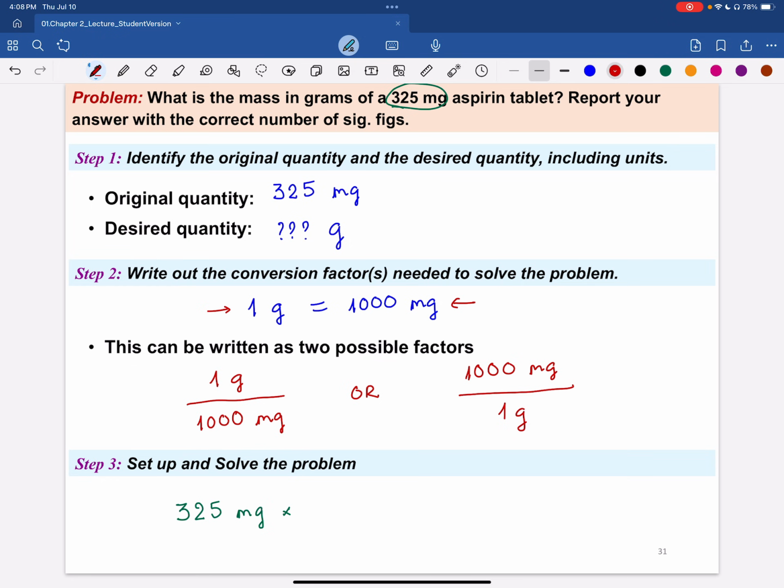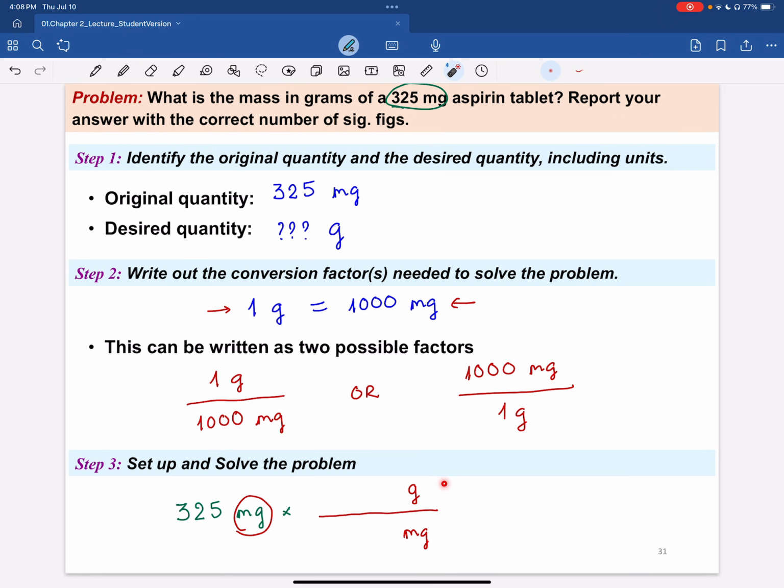In the preceding term, I have milligram in the numerator. Then in the next term, I need to put milligram in the denominator, and gram has to be in the numerator. Now I look back.